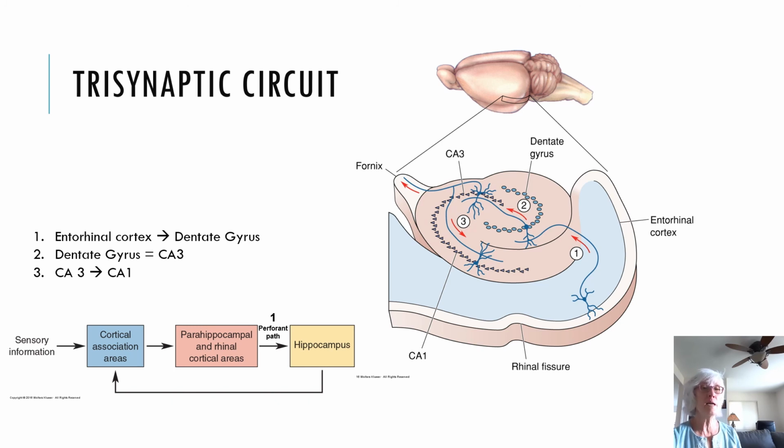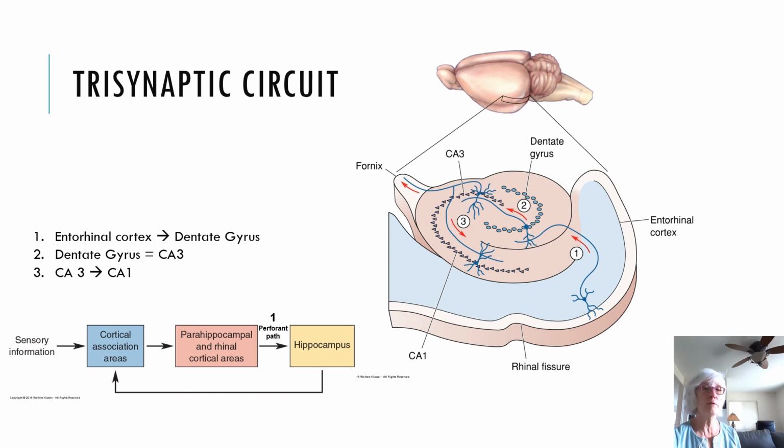The CA3 neuron has its receptors, or it's receiving the signals, in the dentate gyrus, and then it will move through the hippocampus, and it will actually branch in the hippocampus.